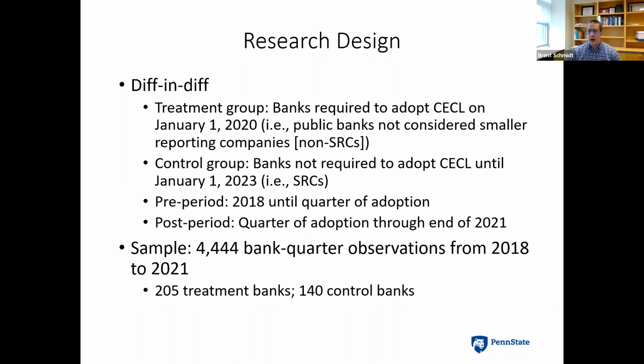Yeah, so related to that point, one thing we do look at, like I had mentioned before, is we look across our post period. By the beginning of 2021, our CECL banks would have adopted. Of those 39 banks that delayed, I think there were 8 that elected to delay again until 2022. But otherwise, all of the CECL banks would have adopted as of the beginning of 2021.